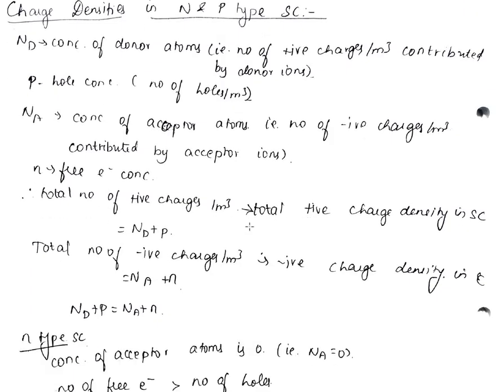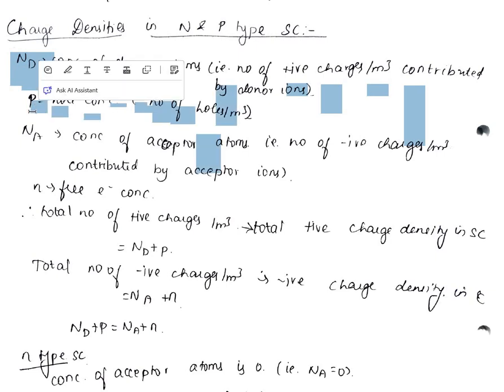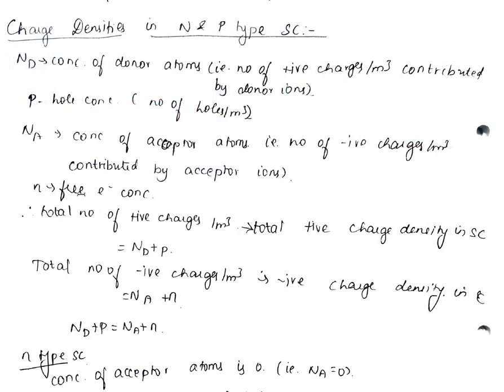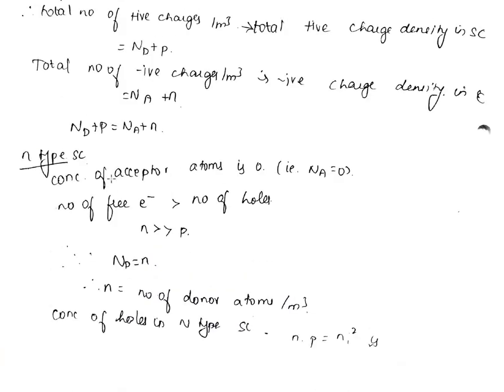So the total number of positive charges per meter cube is Nd, the number of donor atoms, since positive ions are created, plus p, the number of holes. The total number of negative charges is Na plus n, and by charge neutrality, Nd plus p equal to Na plus n. In n type semiconductor, when the number of electrons is much higher than the number of holes, Nd equal to n.